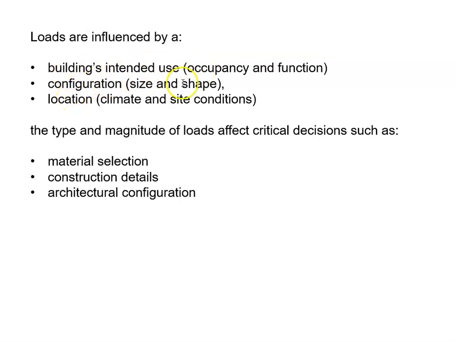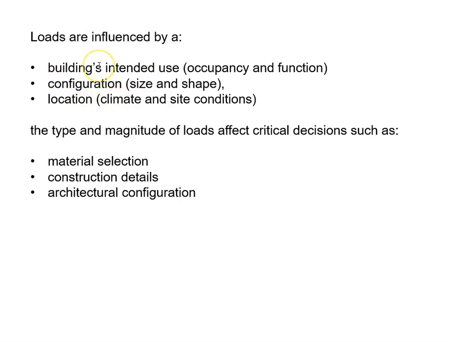Okay. The configuration, so how big this building is, how it needs to hold itself up, and it needs to take care of all external loads as well. The spans, essentially joist spans, things like that will play a part in influencing the loads. And then the climate, where it lives. Is it a freezing climate? Is it a hurricane-prone climate, or is it something moderate in between the two?